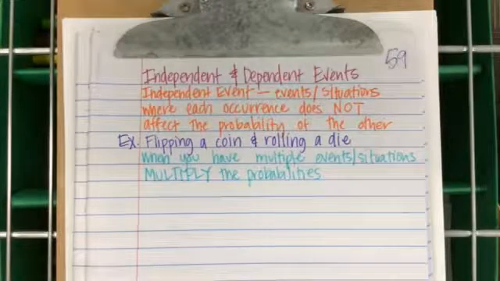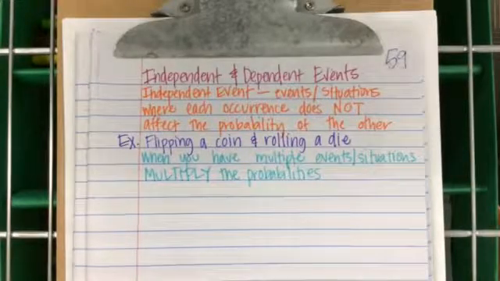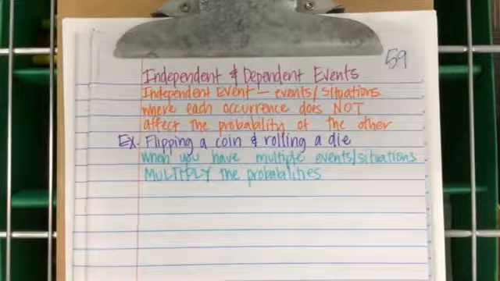Multiply the probabilities. When there's more than one thing that's happening, flipping a coin and rolling a die, two things are happening. You're going to find the first probability of flipping the coin, and you're going to find the second probability of rolling the die, and you're going to multiply.